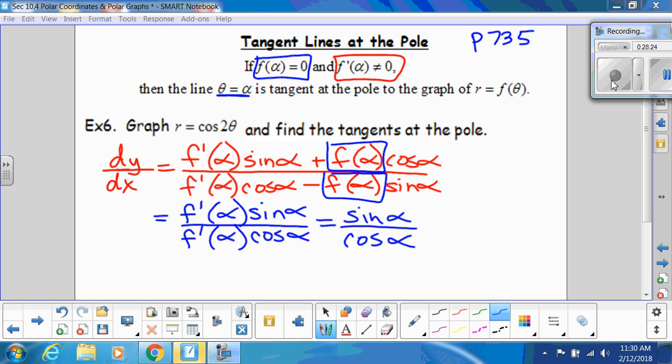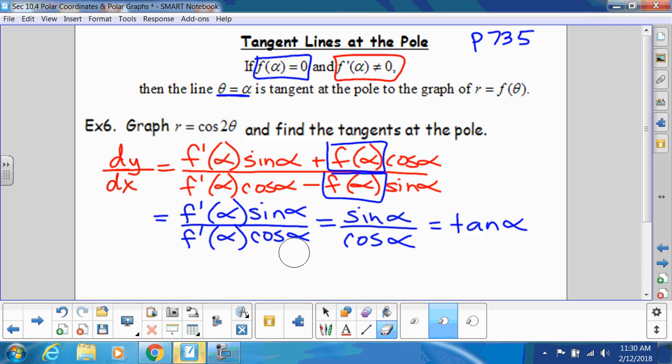Well, what's sine over cosine? That's just tangent. And tangent of alpha gives us, remember how we said that was the way to convert from rectangular to polar, those lines. We did one like that earlier. So that gives us those tangent lines that occur at the poles. That's the why behind why, when we look for tangents at the poles, we want f of alpha to equal 0 and f prime of alpha to not equal 0. So I'm going to erase this.